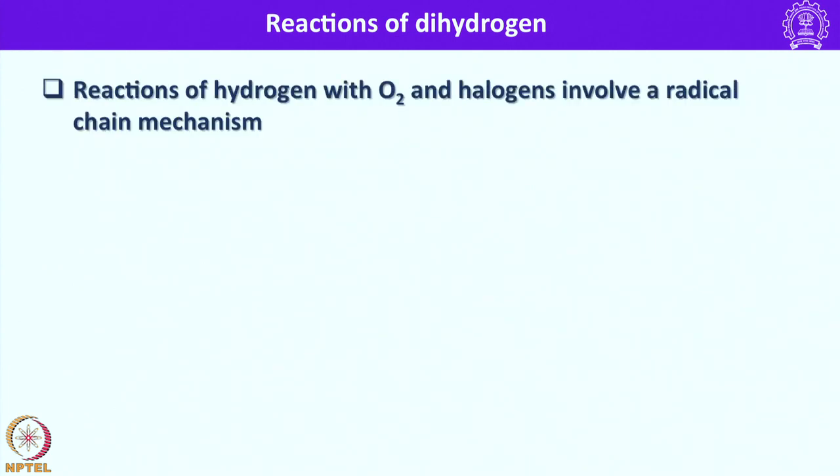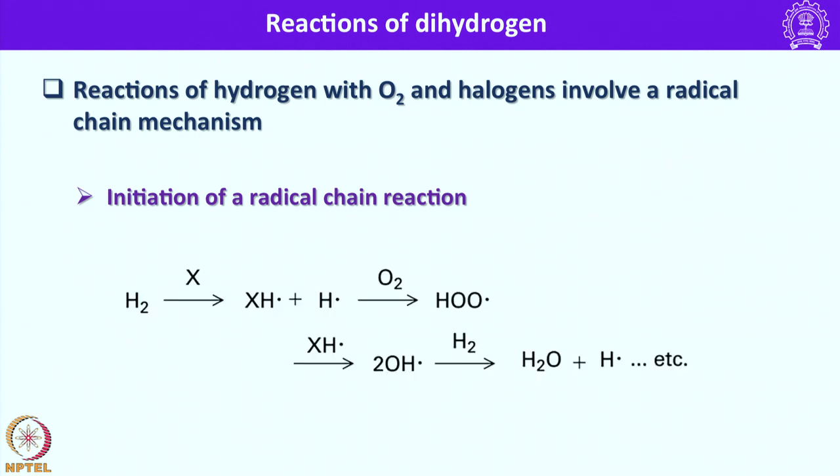Okay. And reaction of hydrogen with oxygen and halogens also often involves a radical chain mechanism. Of course, when we talk about a radical chain mechanism, we have to remember 3 steps, starting with initiation of the radical chain reaction. Here, when H2 is treated with halide, it generates the 2 radicals I have shown.